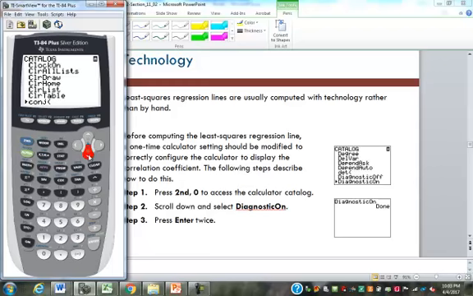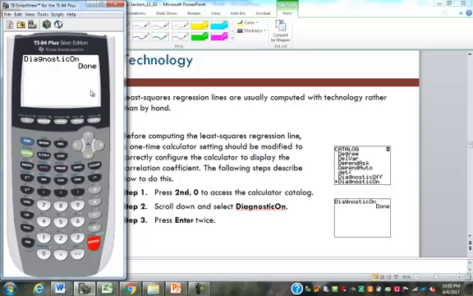If you just bought your calculator, the factory setting would be for diagnostics to be off. Or if you've had to reset your memory because you've had any problems, your diagnostics will go to off. So we're just going to do this to guarantee our diagnostics are set on. So we selected diagnostics on. We're going to hit enter, and you have to hit enter again to execute that function.